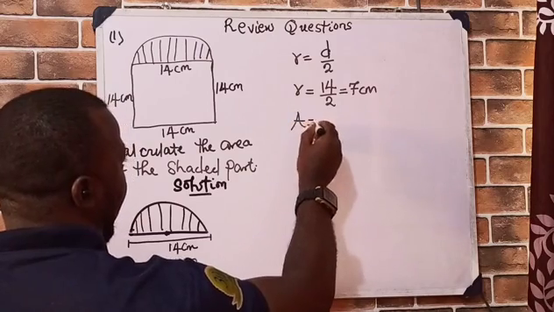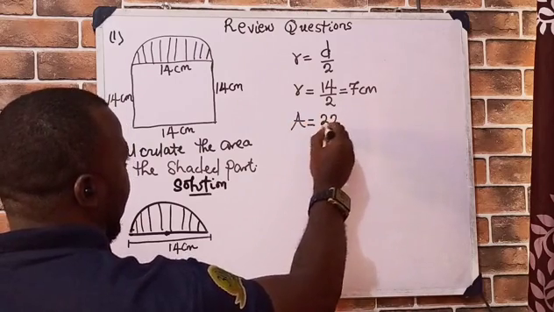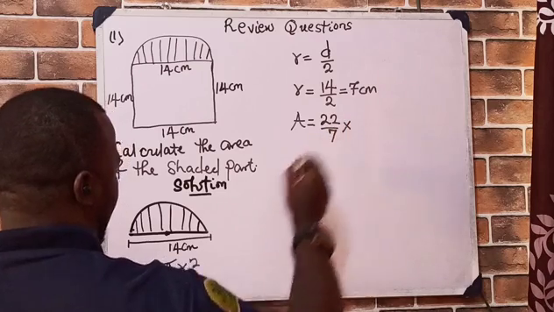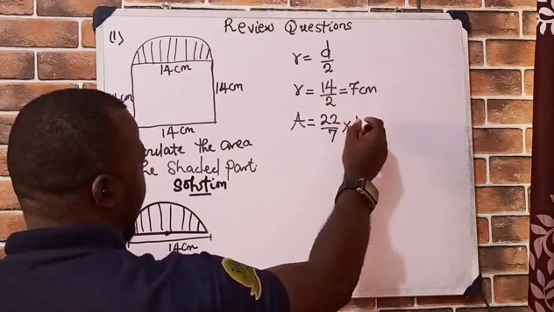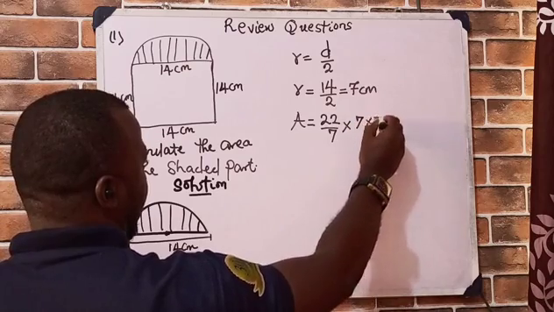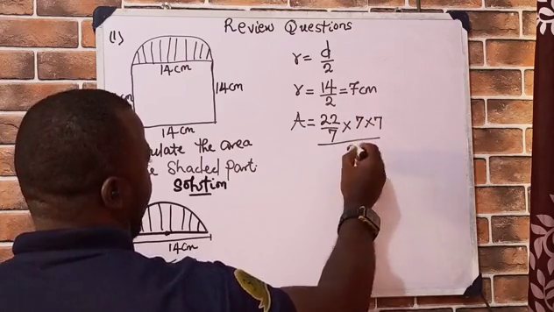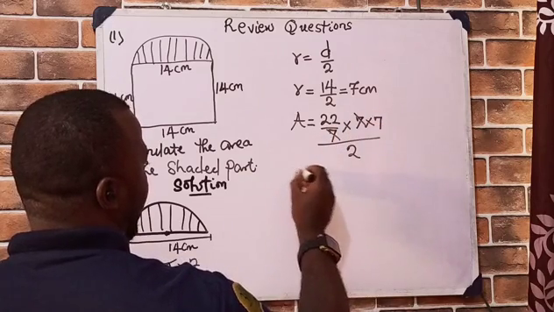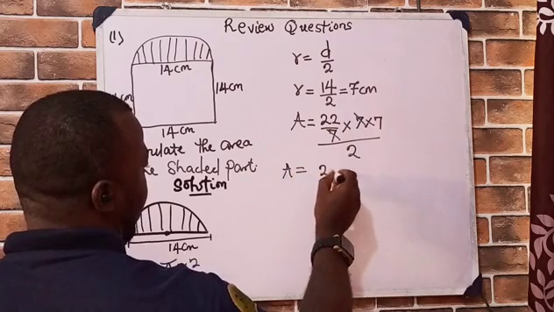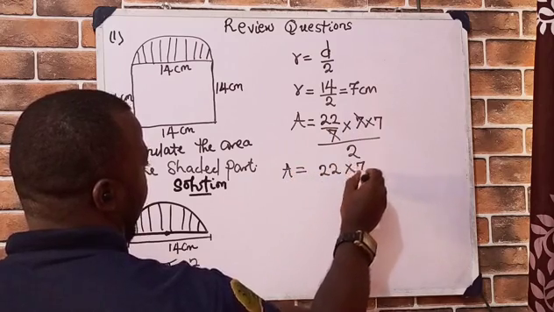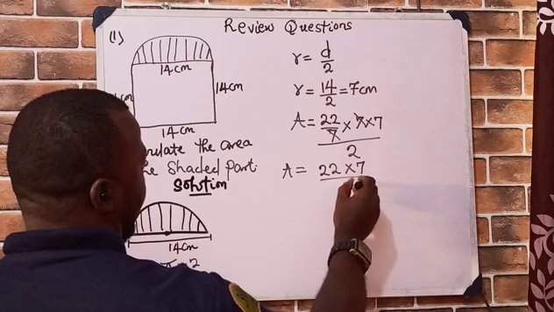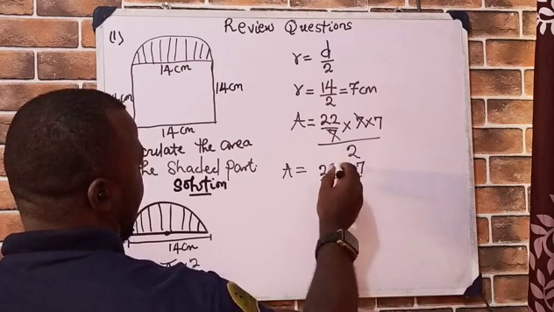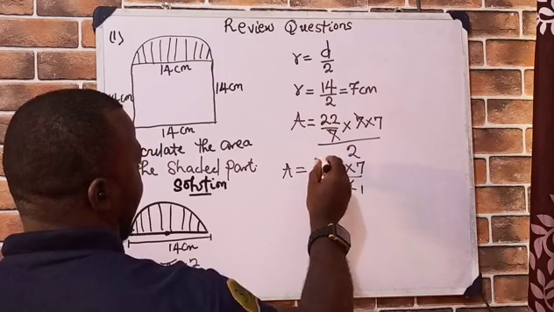Now let's slot in the values and get the area. And that will give me my pi is always 22 over 7 times my radius, which is 7, r squared. That's 7 times 7, all divided by 2. The 7 we cancel one 7. I'm left with my area is equal to 22 times 7, all over 2. 2 divided by 2, 1. 22 divided by 2 will give us 11.